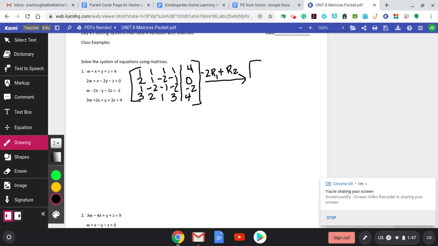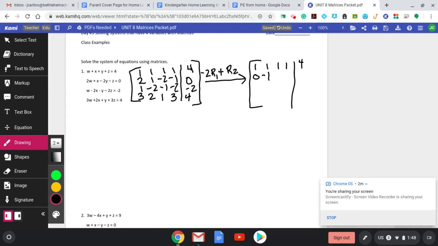Okay, let's take this one row at a time. I am not going to change the first row. Here we go, our new second row. All right, see if you can find what it is on your own. Stop the video, pause it. If not, keep listening. We know that's going to change into a 0. Now here's where we got to be careful. -2 times 1 is -2, plus 1 is -1.